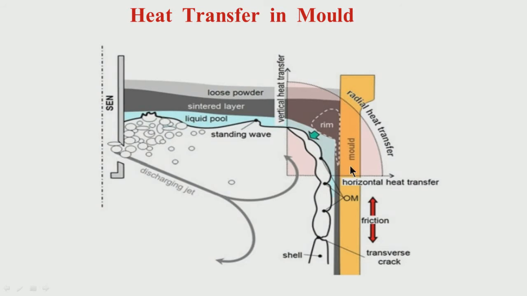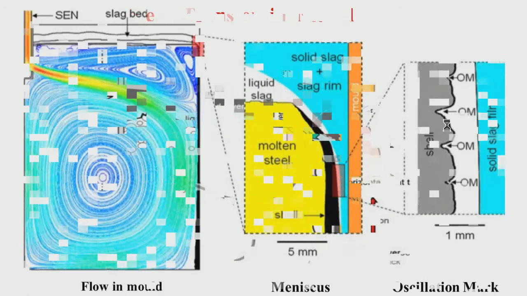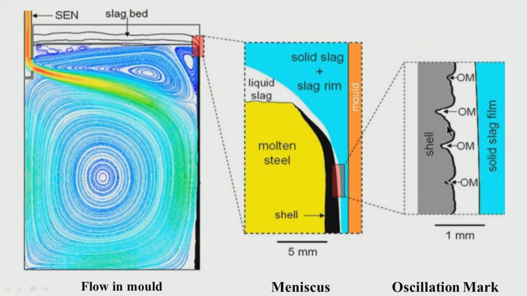From the liquid slag in contact with the copper mold, some amount of solid slag has formed. This will be clearer in this picture. Here this is the mold area, and this is the flow in the mold. People have found out through modeling what the type of flow is. The liquid steel is coming inside, and this is the temperature distribution. It is very hot here, and then slowly the temperature comes down inside the mold.